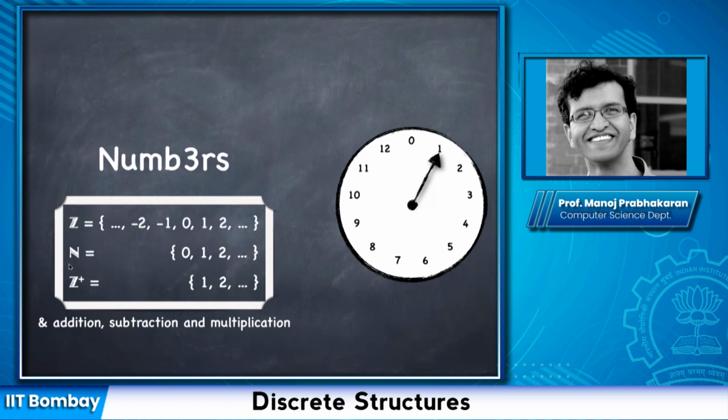Okay, and we'll also take for granted that these sets come with operations: addition, multiplication, and subtraction. And you can also assume all the basic properties of these operations, like commutativity of addition and multiplication, distributive property, multiplication by zero, addition by zero, and so forth.